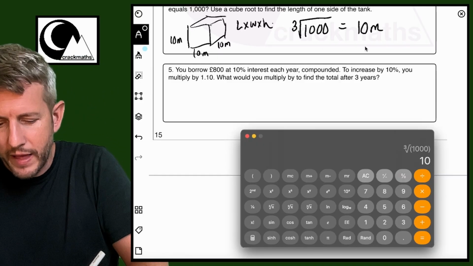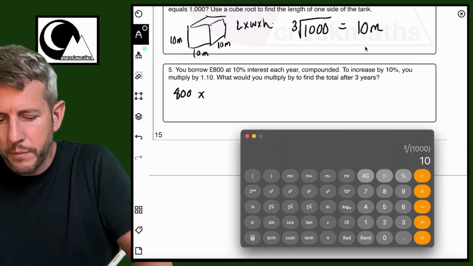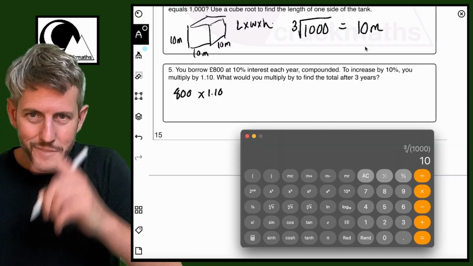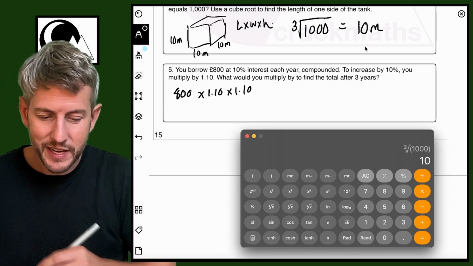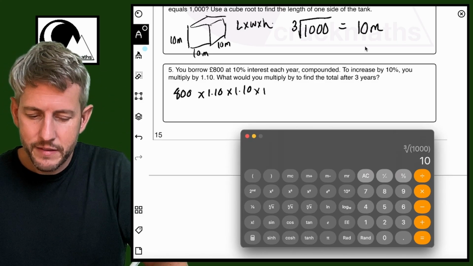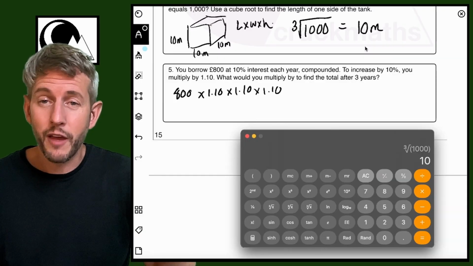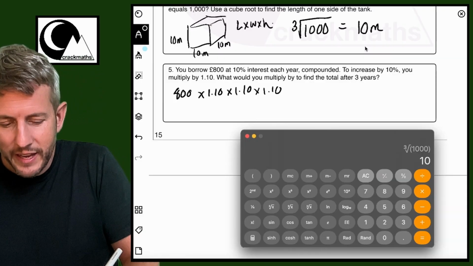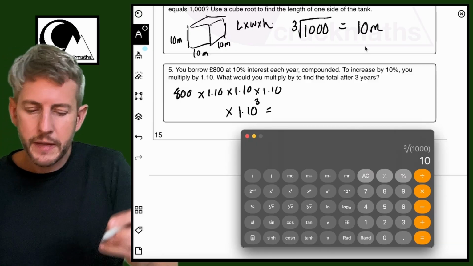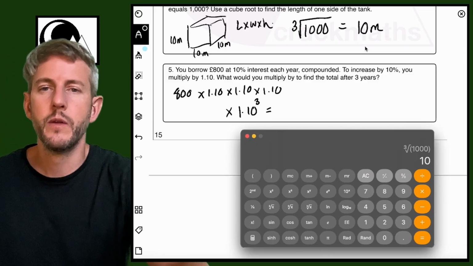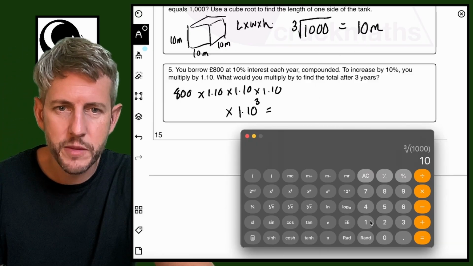Well, we'd have our 800, and then we'd multiply it by 1.10 once for the first year, and then again to find out the cost after the second year, and then again to find out the cost after the 3rd year. So basically we are multiplying by 1.10 to the power of 3. So let's work out what 1.10 to the power of 3 is.